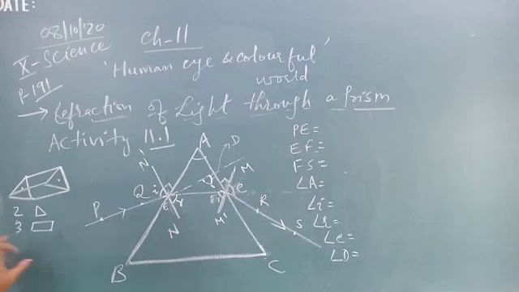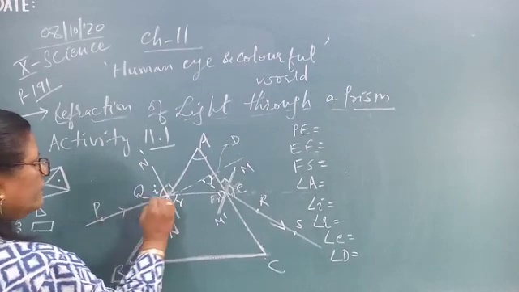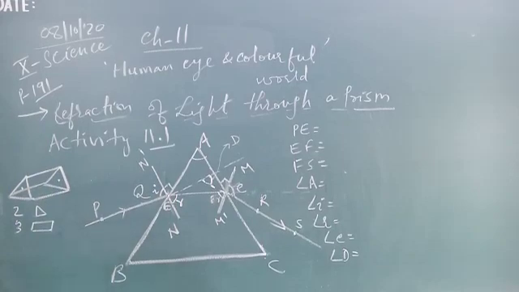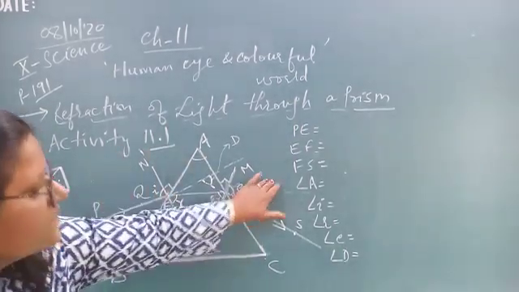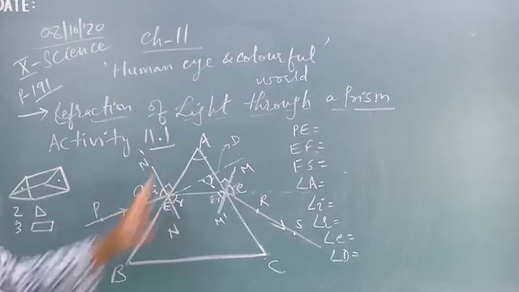Now draw a straight line PE, and that should be slanting and inclined to one of the refracting surfaces. This is one refracting surface, this is another side, and say this is side AB.